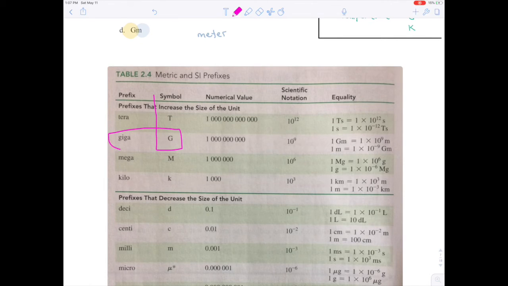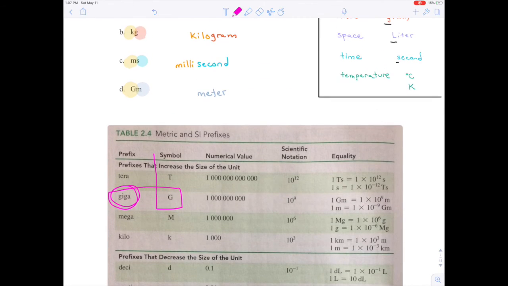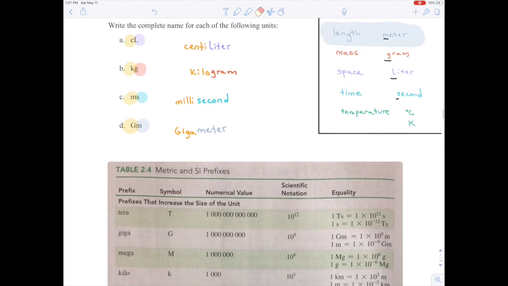Here it is. It is giga. So this capital G, lowercase m, wouldn't be read GM. It would be read as gigameter. And notice that this increases the size of the unit. A gigameter is a billion times larger than a meter. So 1 gigameter would be a billion meters.